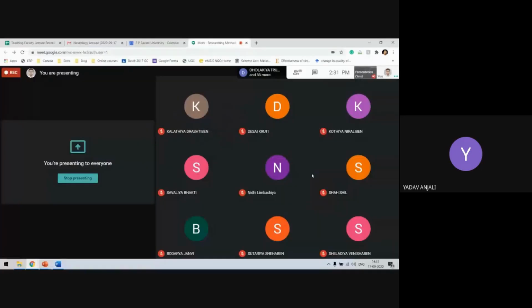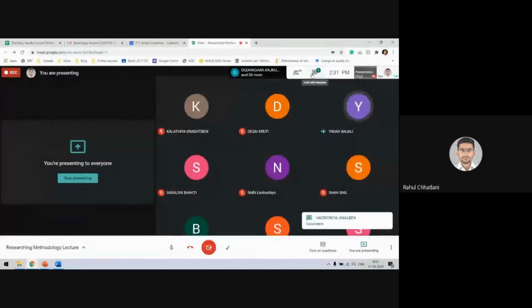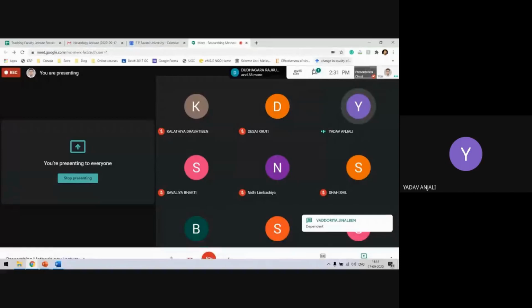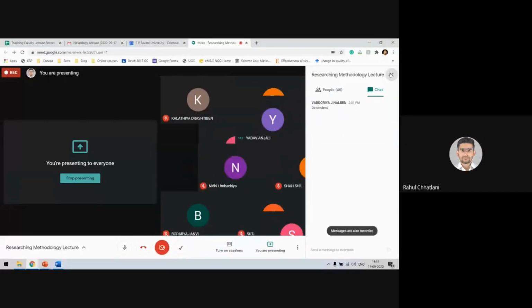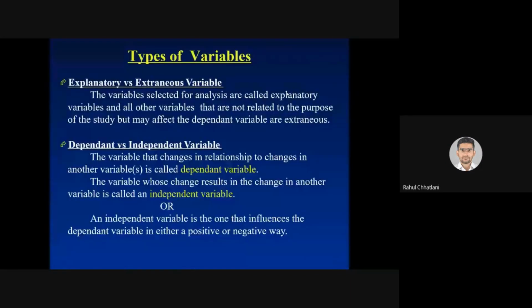Sir, can you just repeat again the definition of independent and dependent? See, okay, fine. Once a variable has effect on another variable, that is the independent variable, and the one that is having effect on it because of another variable, that is the dependent variable.